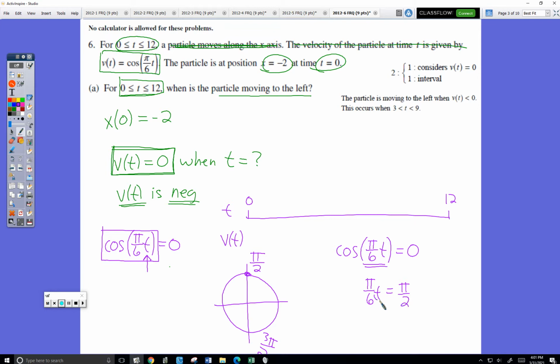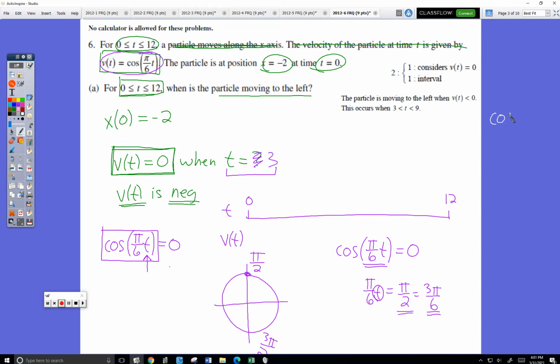Well, if you put a 3 in for the t, you'll have 3 pi over 6, which is the same thing as pi over 2. So I just discovered that one of the times here is time equal 3. That's a time when the velocity will be 0. I'll write it out one more time.